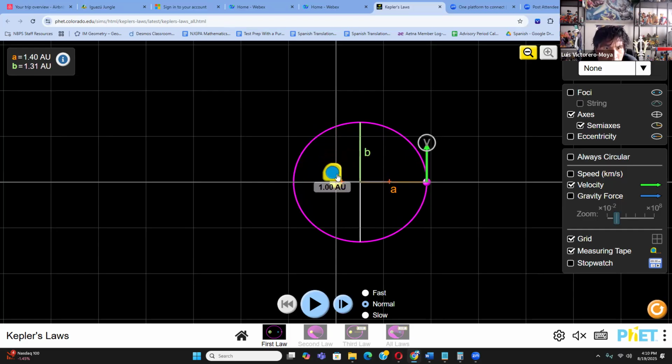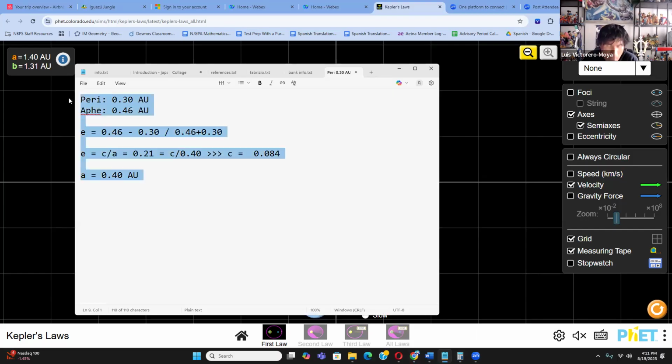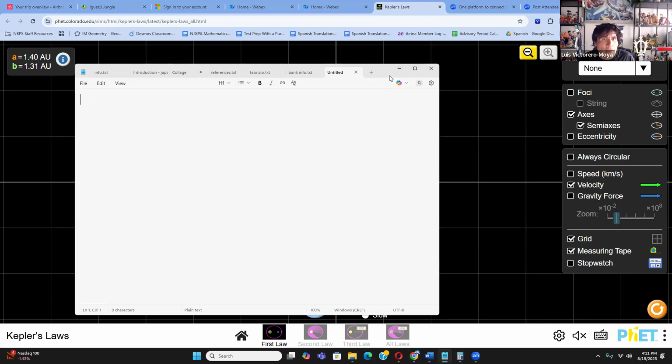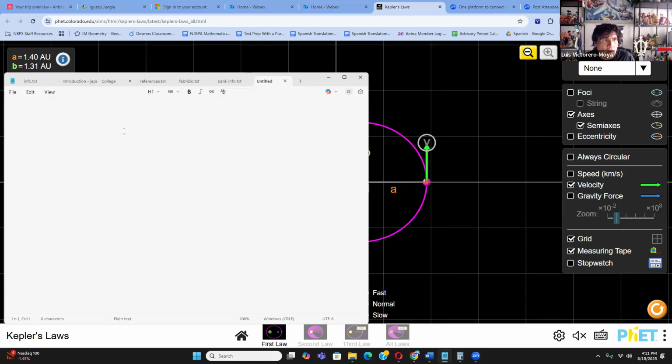And your semi-major axis is from the center to here. All right, that's the largest distance. So you can open a notepad and write the value of A equals 1.39 AUs.